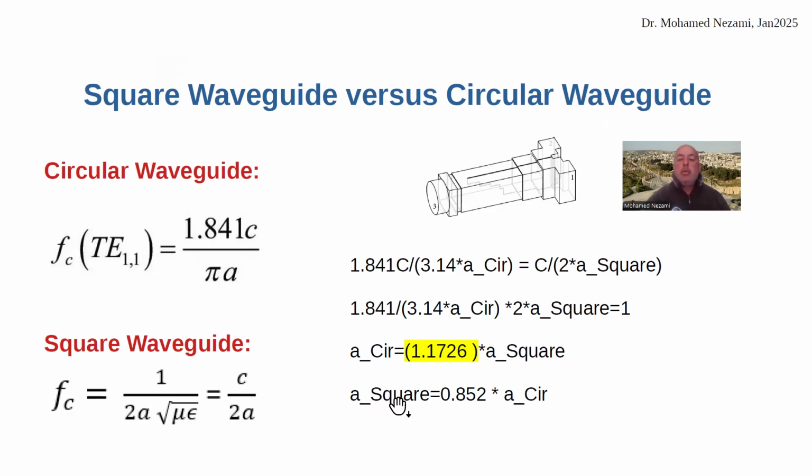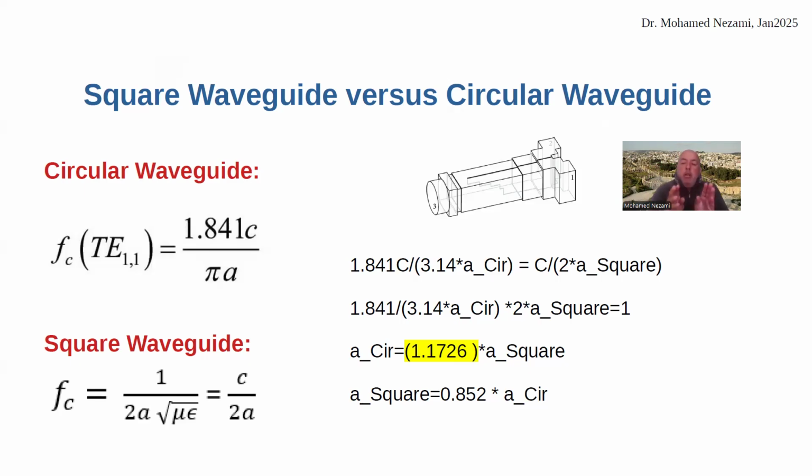So basically, if you want to make a square waveguide and exactly interface it, you could go back circular to square, and you would not feel a thing. Just a slight shift in the cutoff frequency, and of course, many times that's what people do. That's what this one in here is really doing.